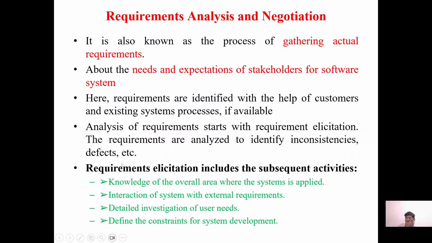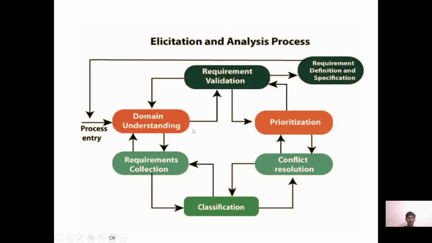Next, requirement analysis and negotiation. Here we gather all the actual requirements, and the needs and expectations of the stakeholders of the software system are collected. This is the requirement elicitation and analysis process. First we have requirement entry, then domain understanding.